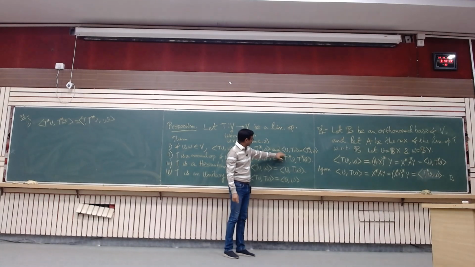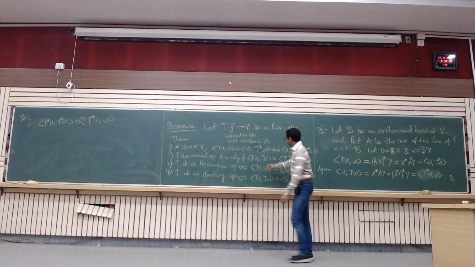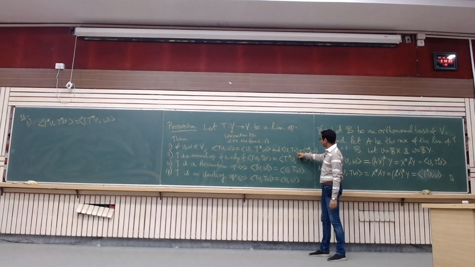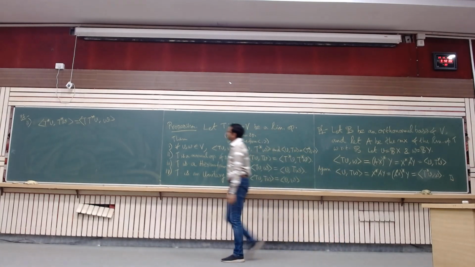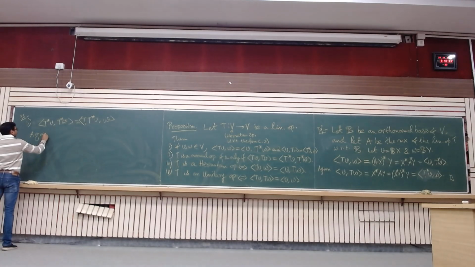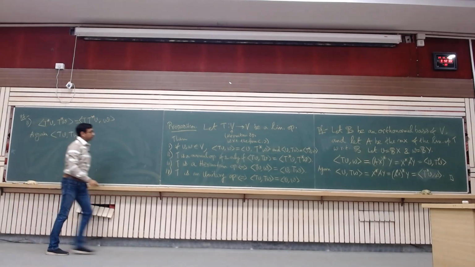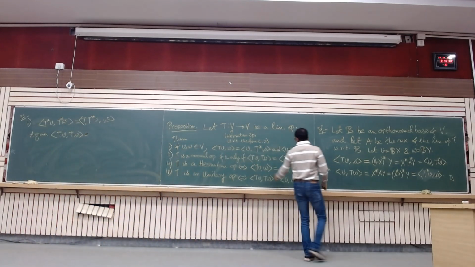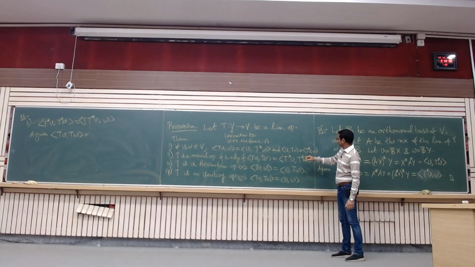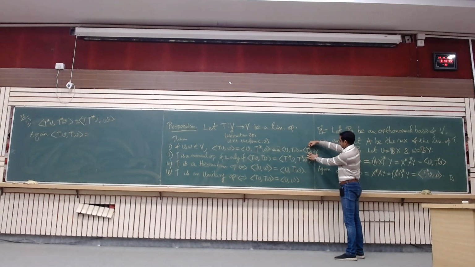Now consider this one. Here it was ⟨V, TW⟩. We will consider now here ⟨TV, TW⟩. Again, this is going to give us what? Here ⟨TV, TW⟩ would give us ⟨T*TV, W⟩, right?